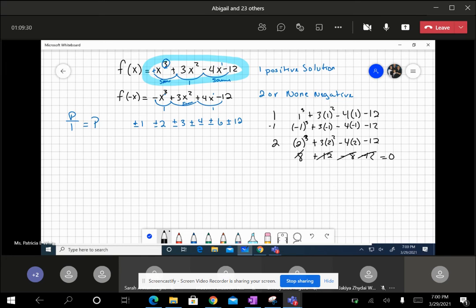So I'm going to go ahead and use my synthetic division. First thing I'm going to do is go back and check: 3, 2, 1, 0. I don't have any gaps, so I can go ahead and write in my coefficients: 1, 3, -4, and -12.